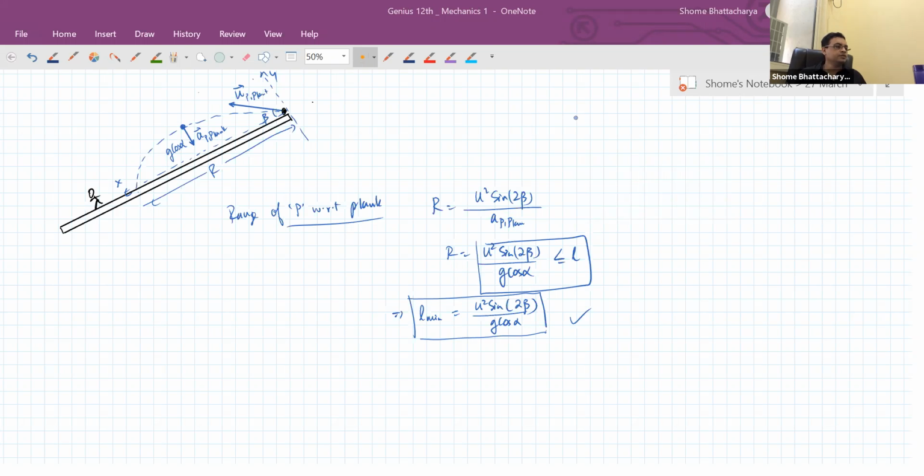It's like a one-line solution. I've taken time to explain all these things, but the moment you realize that in this frame there is a virtual or apparent gravity acting normal to this surface, it's basically a regular parabola with x and y axes as I've drawn as the symmetry axis. Just replace g with g cos alpha.